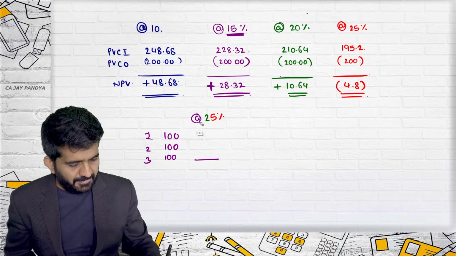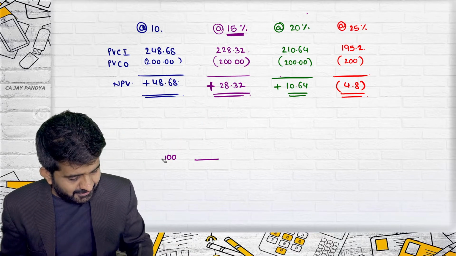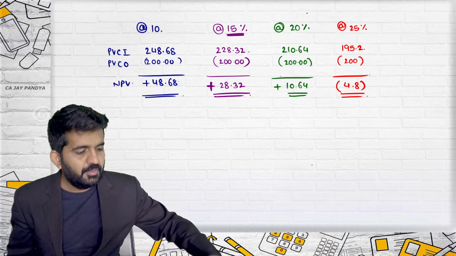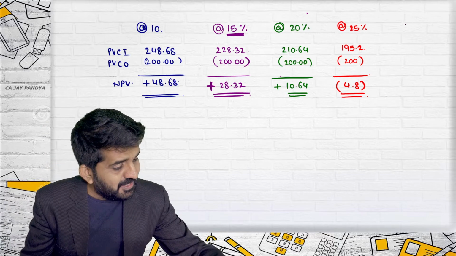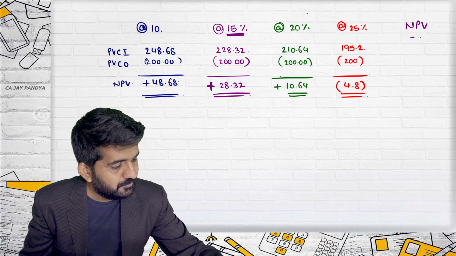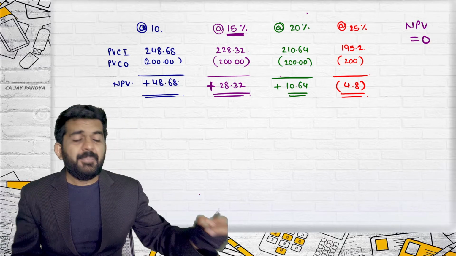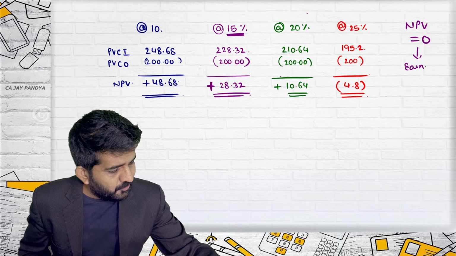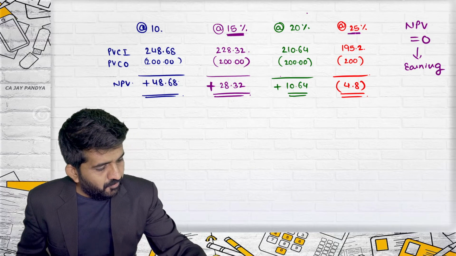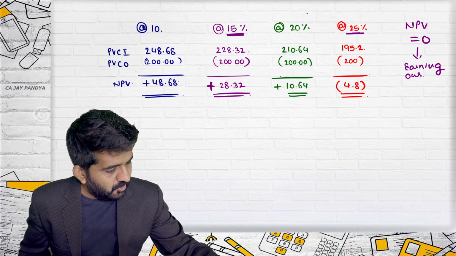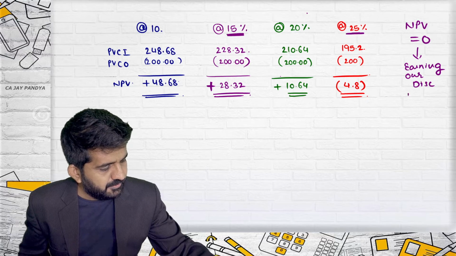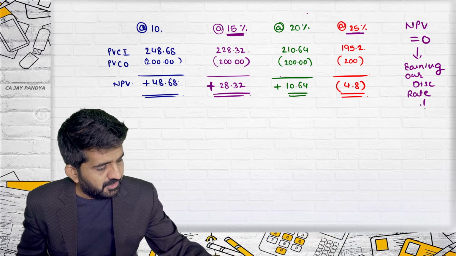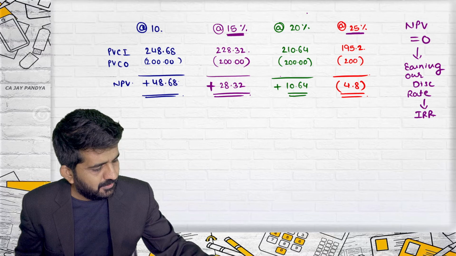But our target is to get NPV 0. Because NPV 0 means we are earning exactly our discount rate, which is nothing but IRR.